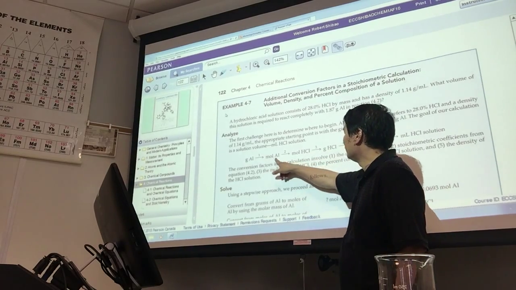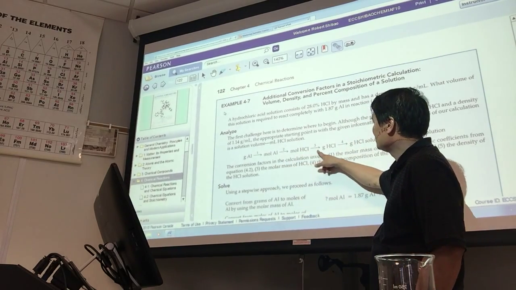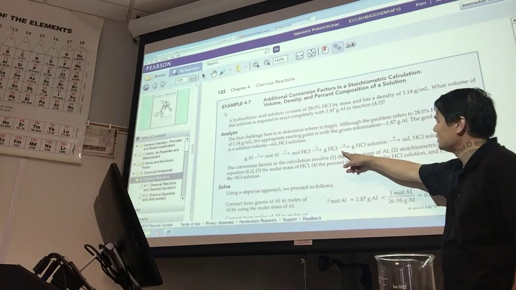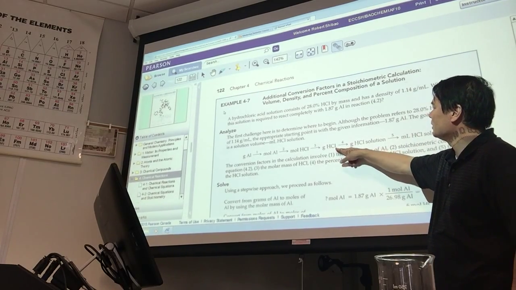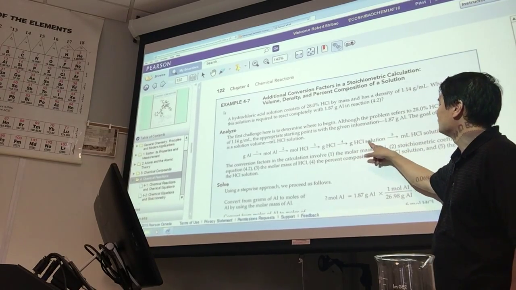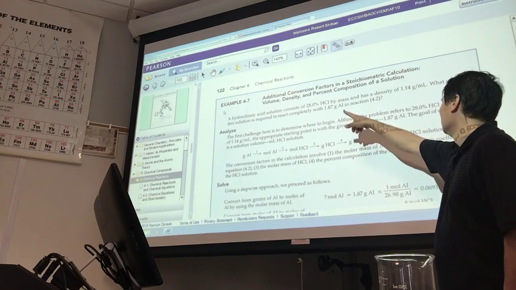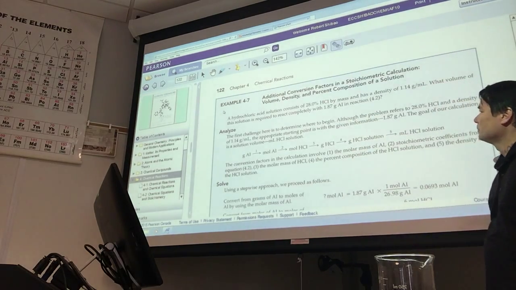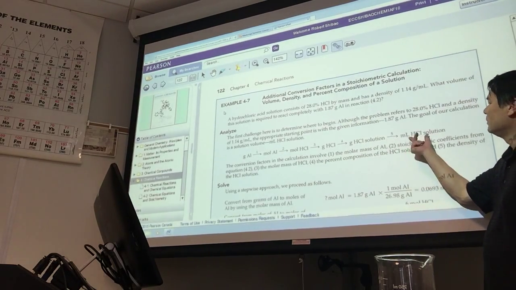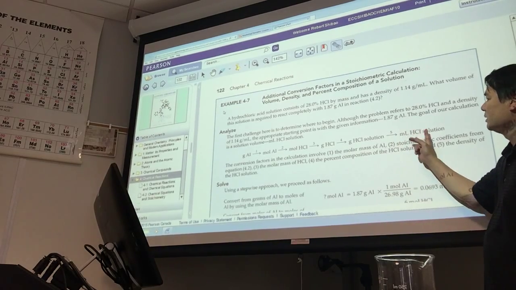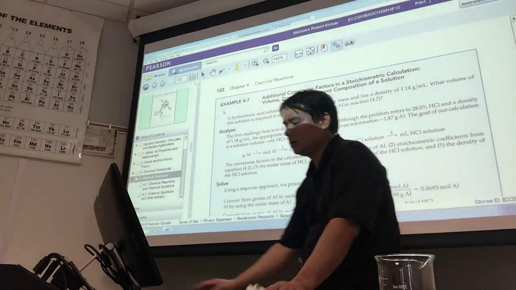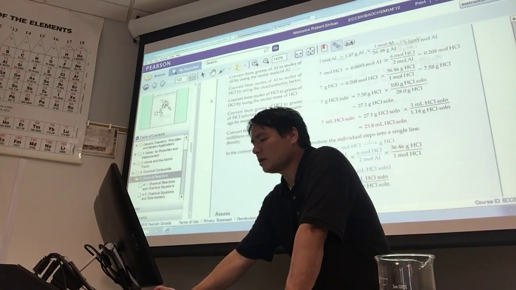So grams of aluminum, moles of aluminum, moles of pure HCl, grams of pure HCl. And then once we have grams of pure HCl, we can figure out how many grams of solution we have based on that percent by mass composition. And from grams of solution, we can get milliliters of solution based on the density. And so another kind of standard stoichiometry type problem here.